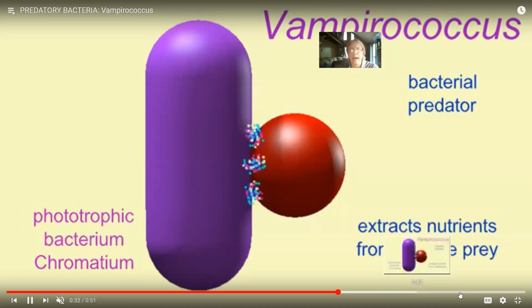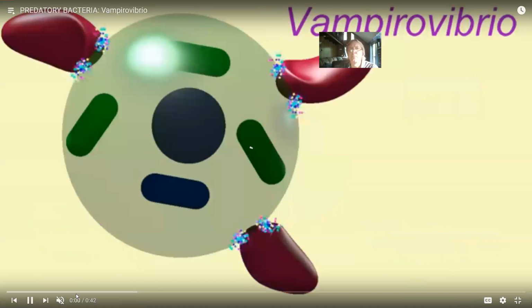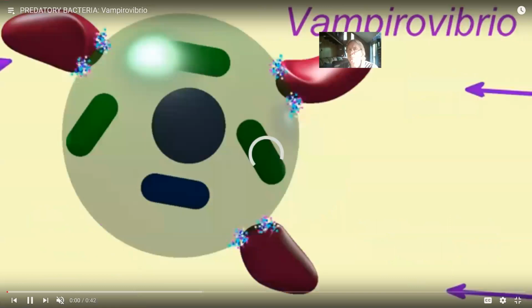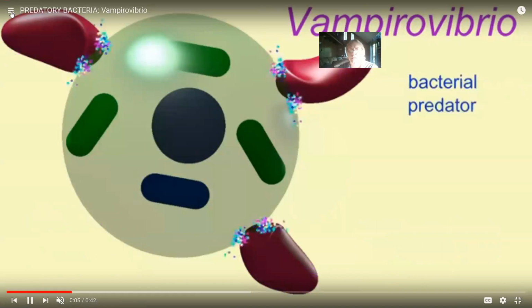So this example is of Vampirococcus, which is now attacking another bacterium, Promatium. But in the next example, there is Vampirovibrio. Vibrio is the name we give of, say, a comma-shaped bacteria. It is actually attaching to a green alga, and thus is a predator on a eukaryotic cell.